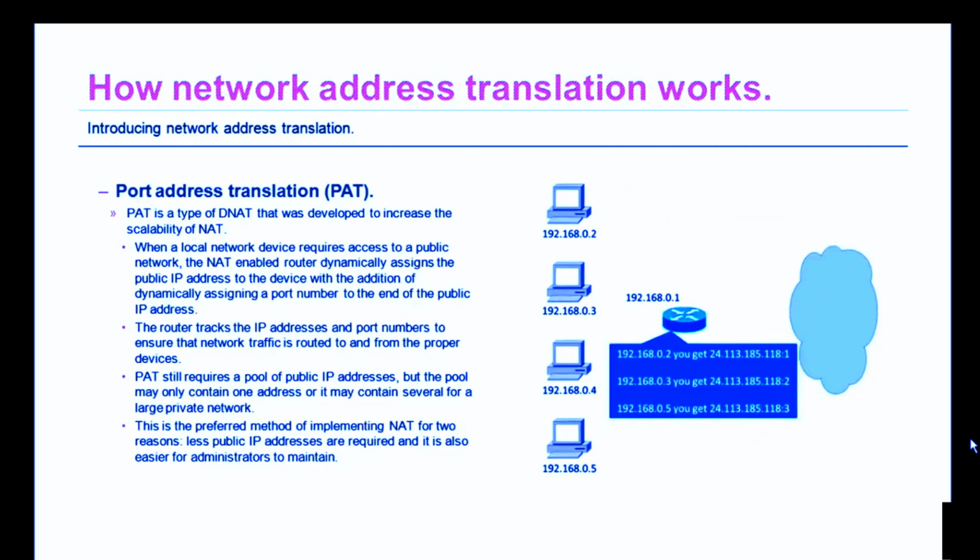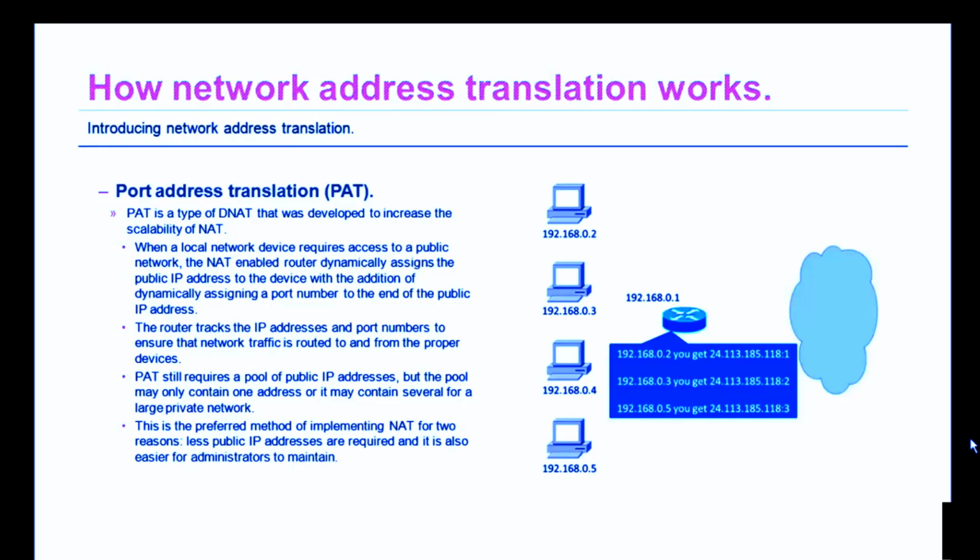The router tracks the IP addresses and port numbers to ensure that network traffic is routed to and from the proper devices. PAT still requires a pool of public IP addresses, but the pool may only contain one public IP address, or it may contain several for a large private network.